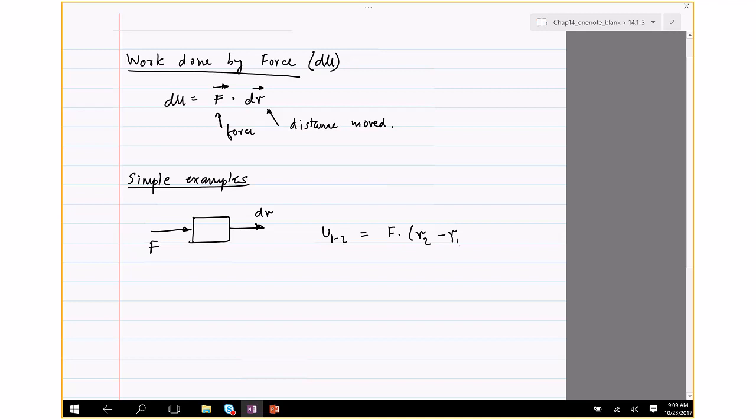So this thing is dr. Okay, and the work done is positive because the application of the force moves the particle in the direction of the force. So F dot dr is positive.